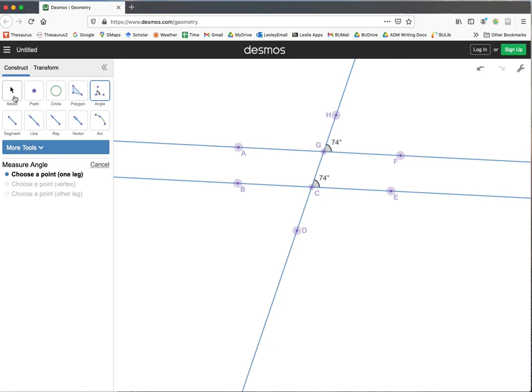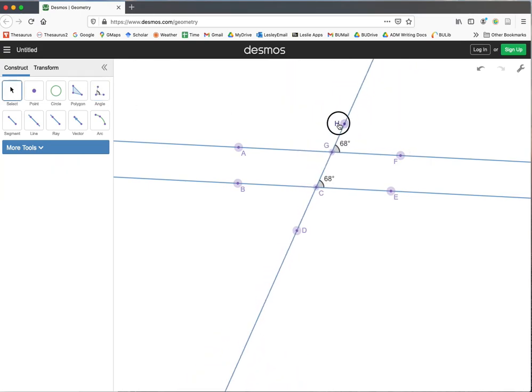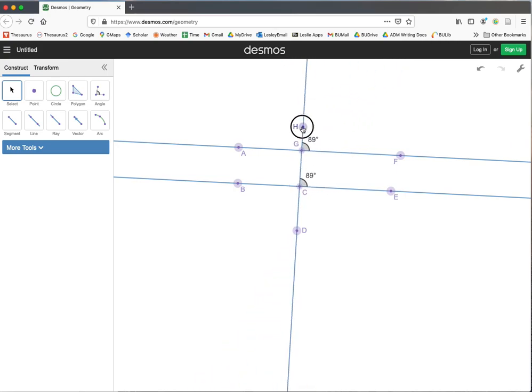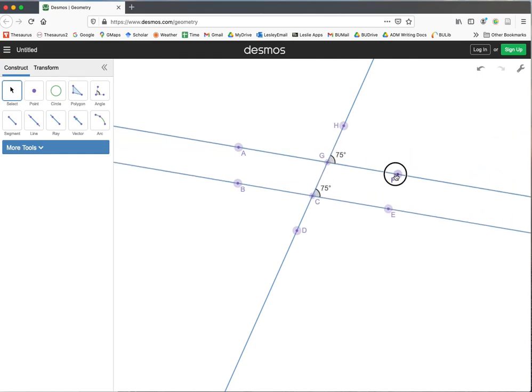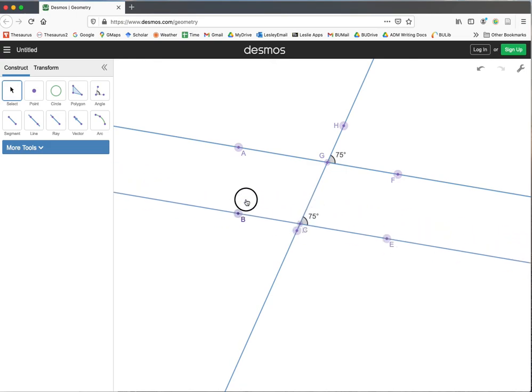I'm done measuring angles, so I go to the Select tool. And now we see what happens to these corresponding angles when I move H, when I move F, and when I move B.